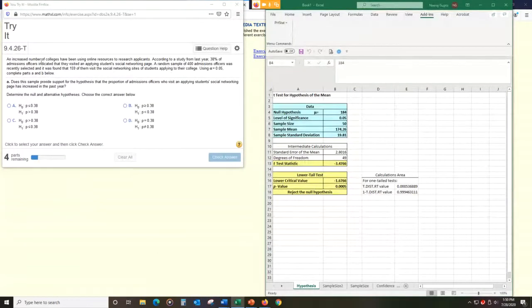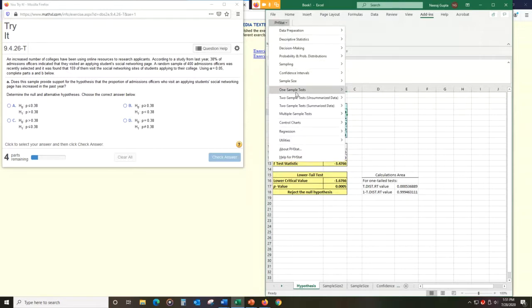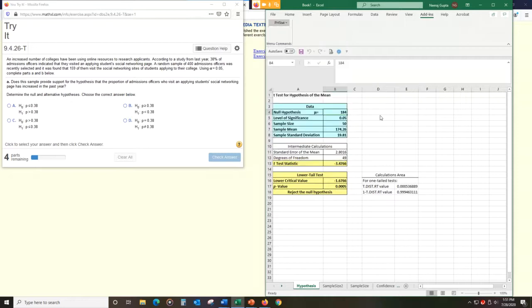Now it says an increased number of colleges have been using online resources to research applicants. According to study from last year, 38% of admissions. So it is proportion. So we will be using here one sample test, Z test for proportion.